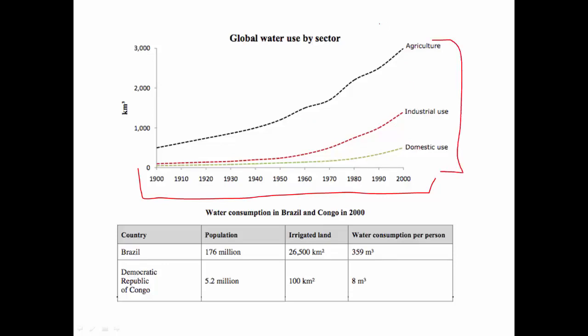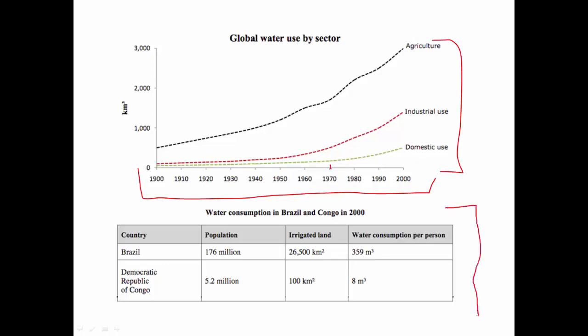Are we going to say agricultural goes up a lot, then industrial use goes up steadily, and then domestic use doesn't really go up until 1970? No, that's too much detail. So the main thing we're going to say is all three, agriculture, industry, and domestic, they all go up. That's the one thing from that graph.